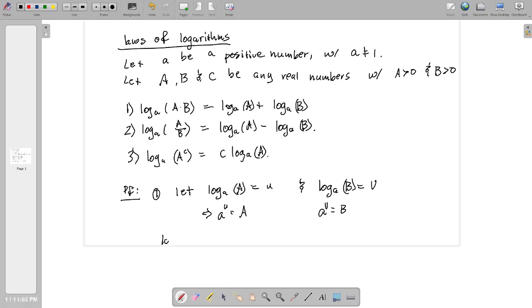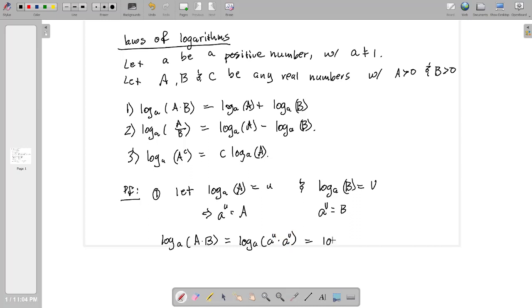Then what we do is log base a of A times B is equal to, well, I have my A here and my B here. This will become log base a of a to the u times a to the v. Now what happens when we multiply these two things together? We have the same base, we have different exponents, so we add these exponents.